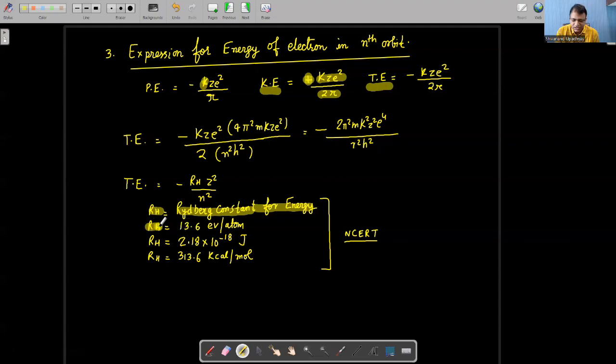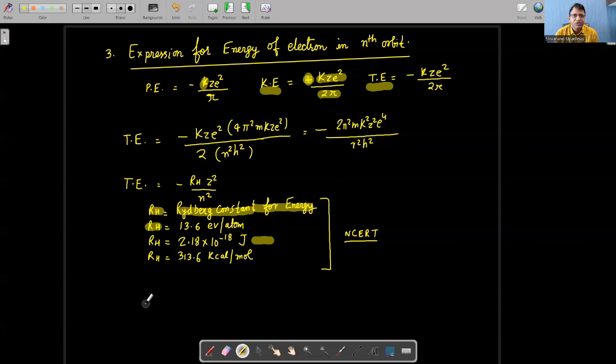So the Rydberg constant is 13.6 electron volt per atom. Or if you want to write it in terms of joule, you can convert this, right? But don't try to do this in the exam, better to remember it, because it will take a lot of time. You would multiply 13.6 by 1.6 into 10 to the power minus 19 and then simplify. Better to remember. This is very common in exams.